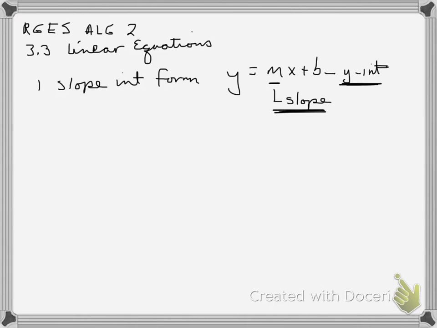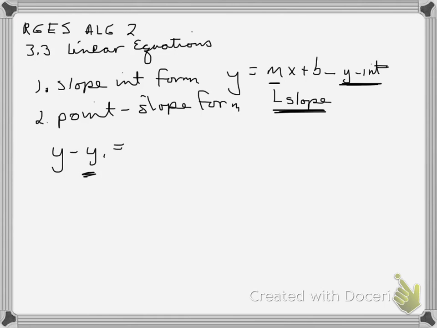Now, a second form would be what we call the point slope form. And the point slope form looks like this. y minus y1, y1 would be a number, equals m, that would be the slope, times x minus x1, and that would be a number.